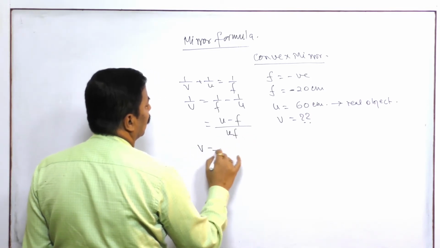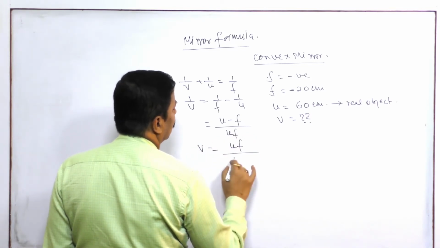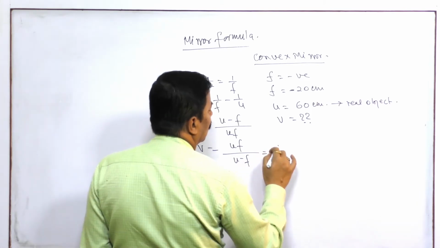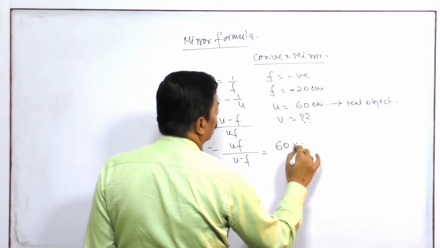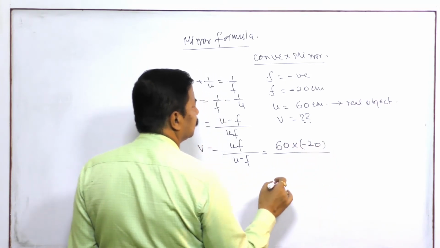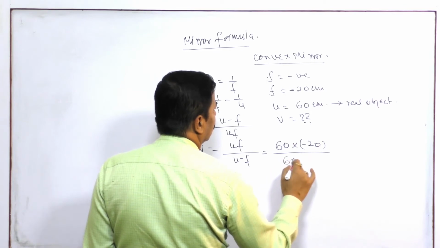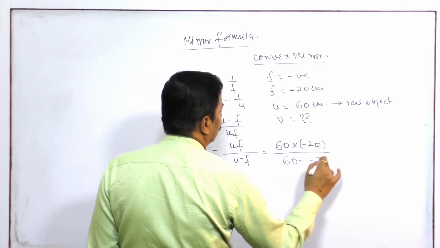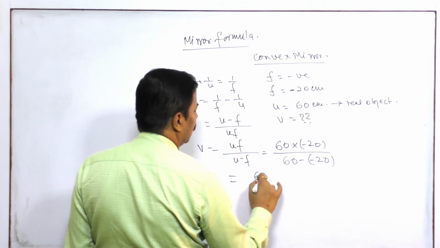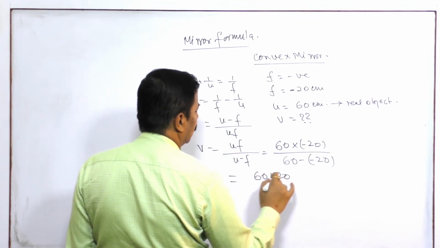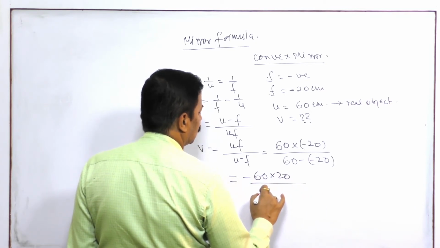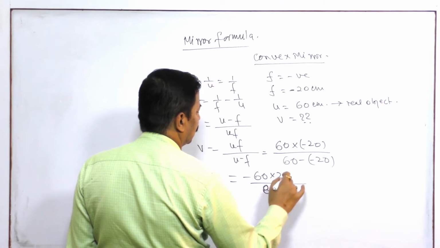So v is equal to uf by u minus f. And you are getting 60 into minus 20 by 60 minus minus 20. So that is 60 into 20 with minus sign by 60 plus 20, that is 80. This will cancel.